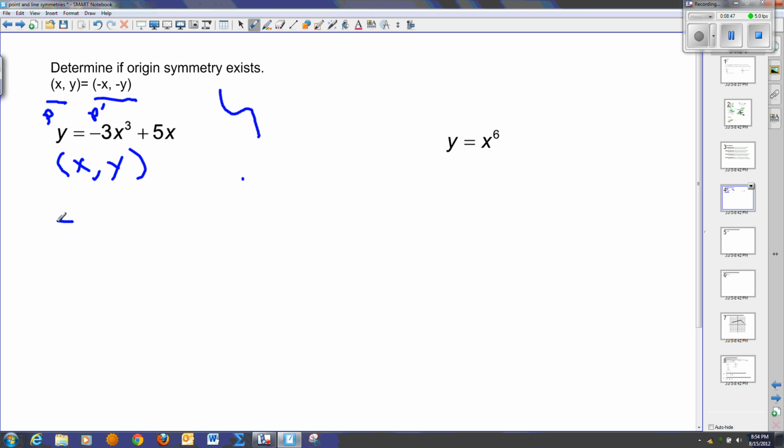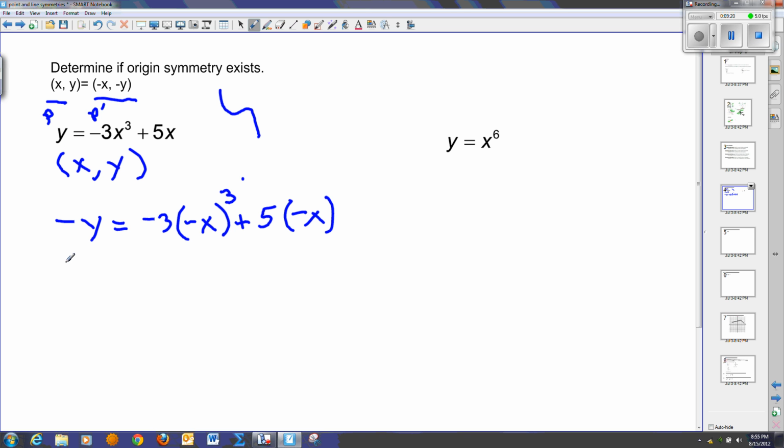I'm going to say negative y, because I'm substituting that for y, equals negative 3 times negative x, raised to the third power, plus 5 times negative x. So again, I've substituted the opposite of x for x and the opposite of y for y.